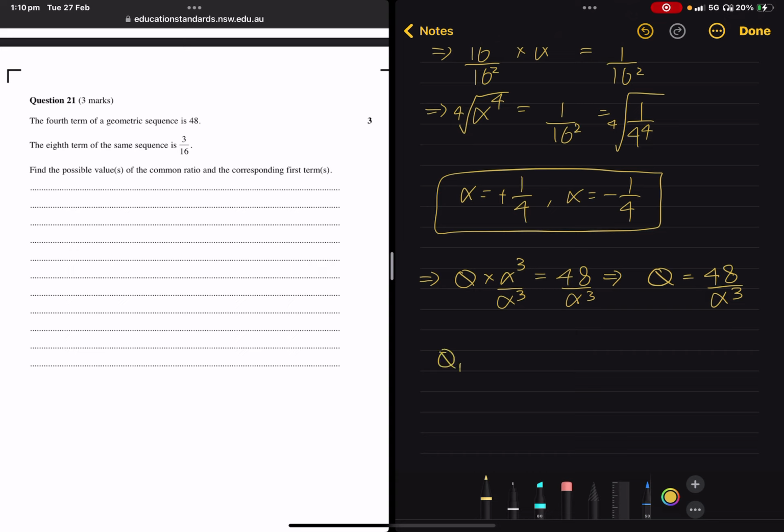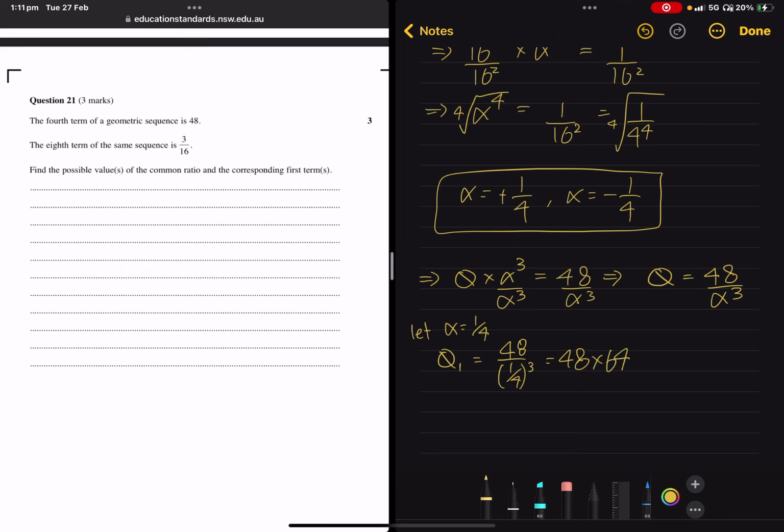So for the first possible first term, we are going to let alpha equal 1/4. This will give us 48 over 1 on 4 cubed. Now 1 on 4 cubed is 1 on 64. 48 divided by 1 on 64 is 48 times 64.